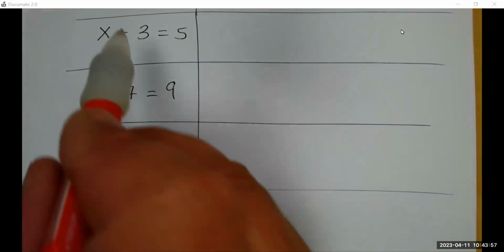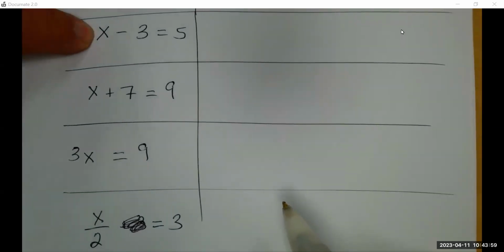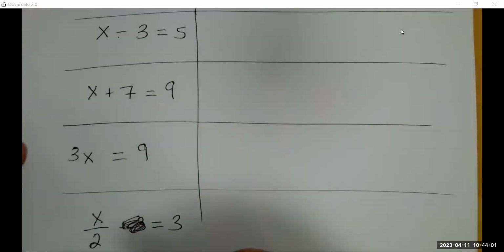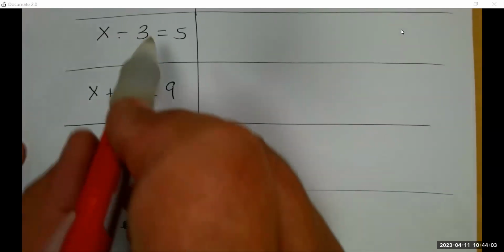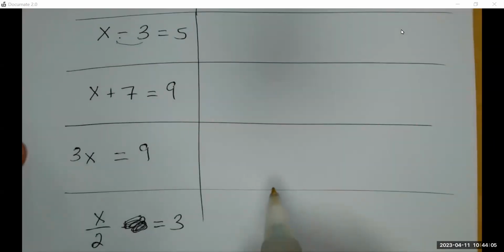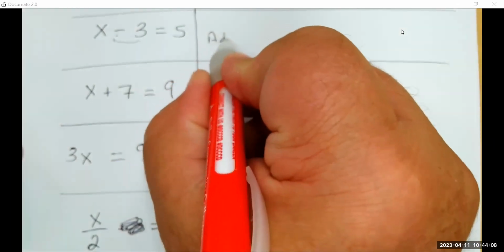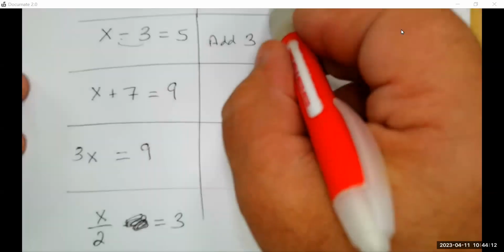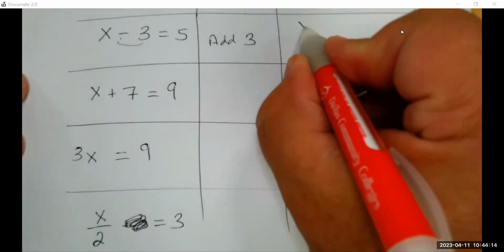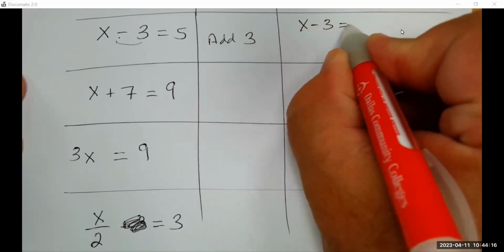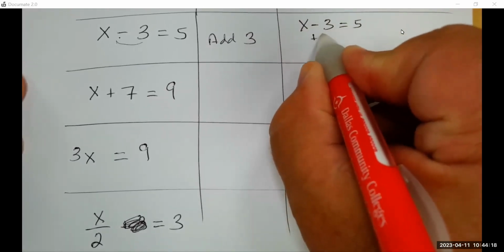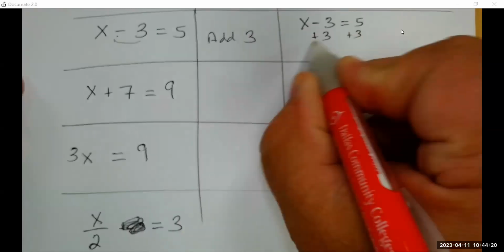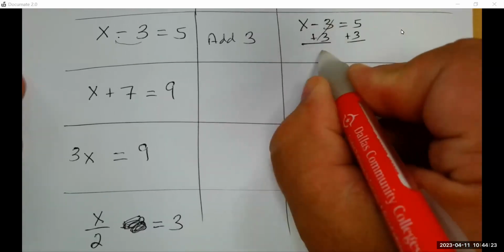The first one shows you that if you have the x variable with a minus sign behind it, how do you get rid of the 3? You have to add 3. So you get x minus 3 equals 5. You have to add 3 to both sides to get x by itself.